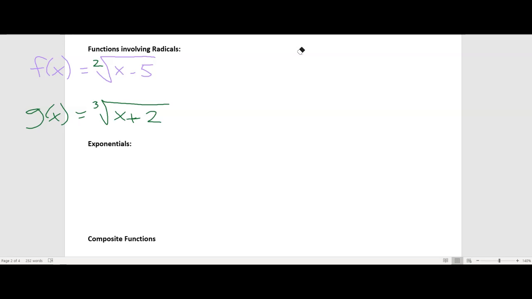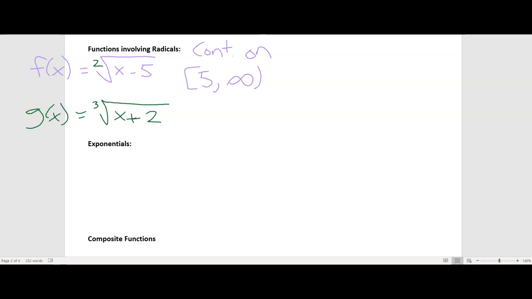So essentially, this is continuous on the interval 5 to infinity. Okay, if I substitute any number in between 5 and infinity, not only is the function going to be defined, but it's going to be continuous at that point.